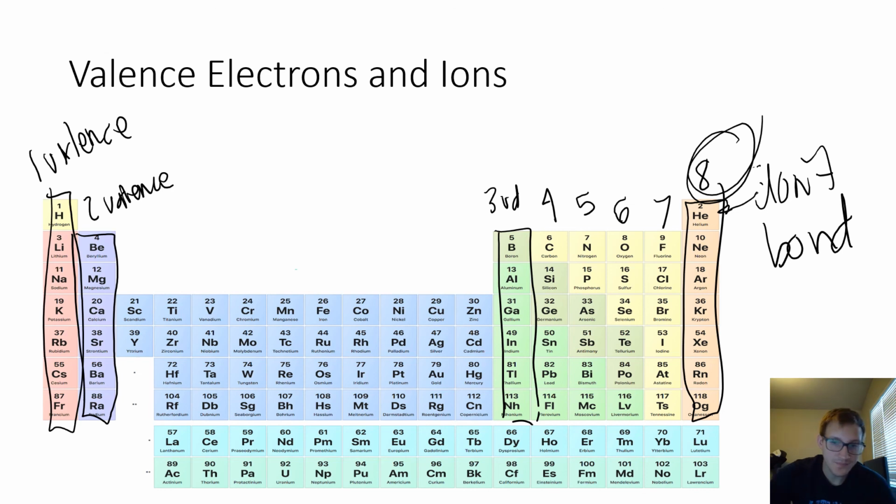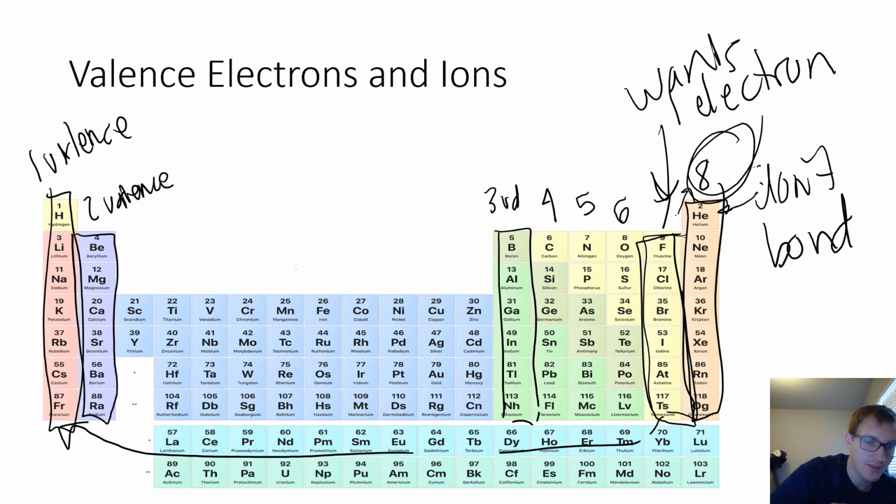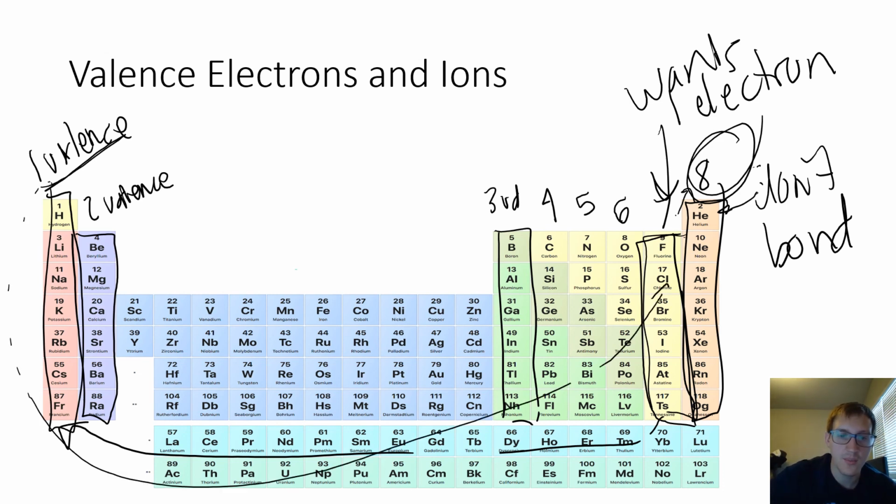So if you imagine this group that has 7 and is trying to get to 8 really wants 1 electron. Okay, and once we start talking about bonding, we'll figure out that this group really loves to bond with that group because this group has 1 valence electron and they want to give that 1 away to them so that they can both become stable.